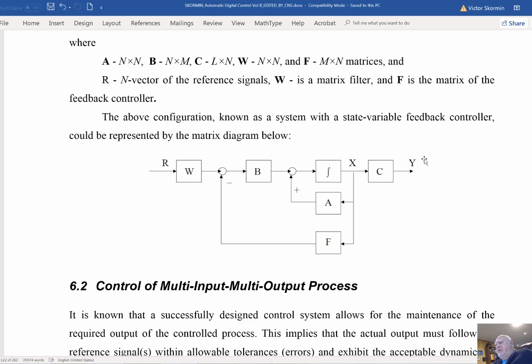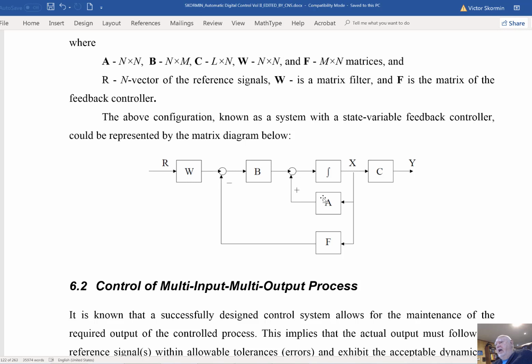This is the matrix diagram of the multi-input, multi-output state variable system. And you don't have to be a rocket scientist to figure out the dimensions for the individual matrices involved in this description.